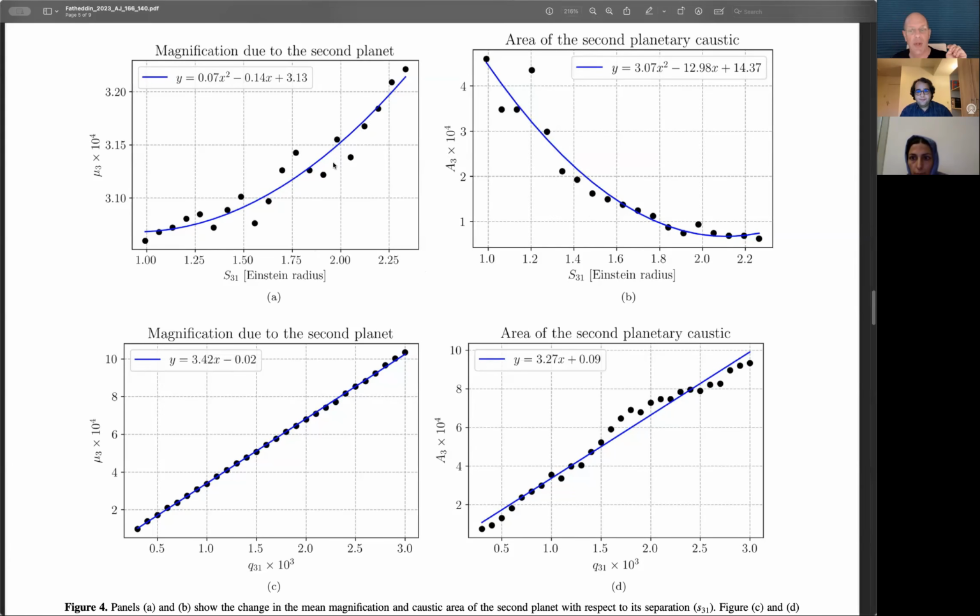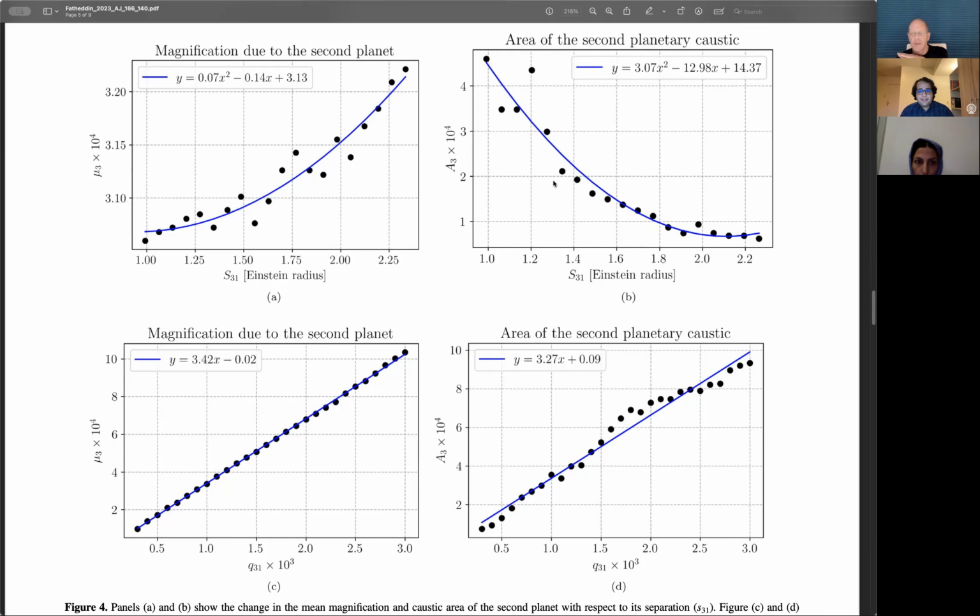One question: what are the black dots? Where do the black dots come from? Oh, the black dots in figure A are magnifications times 10 to the power of 4. Okay. And in the right figure, the black dots are the area of the second planetary caustic, which also decrease. Okay. I'm with you.